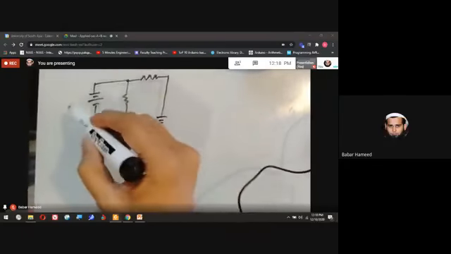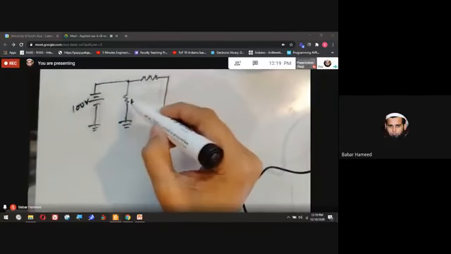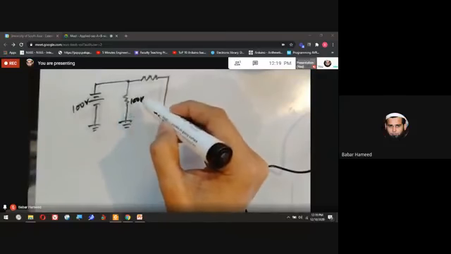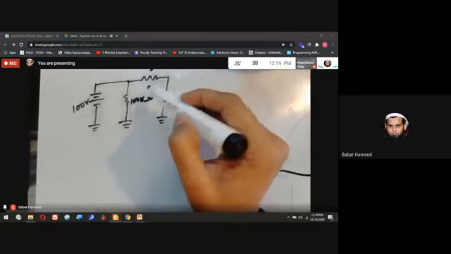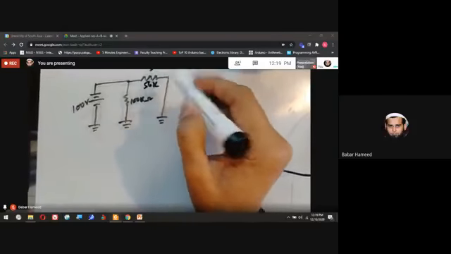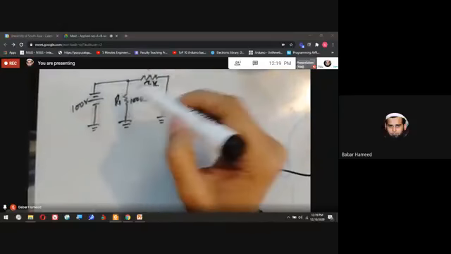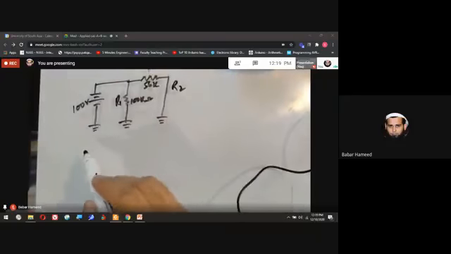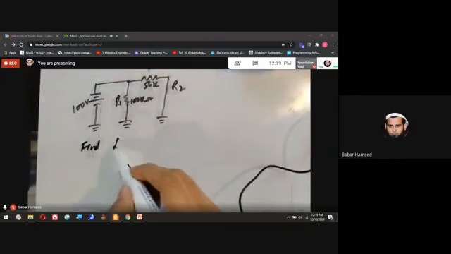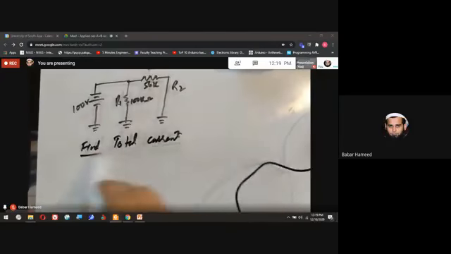So it is 100 kilo ohm and 56 kilo ohm, R1 and R2. The requirement is to find total current. How can we find total current?